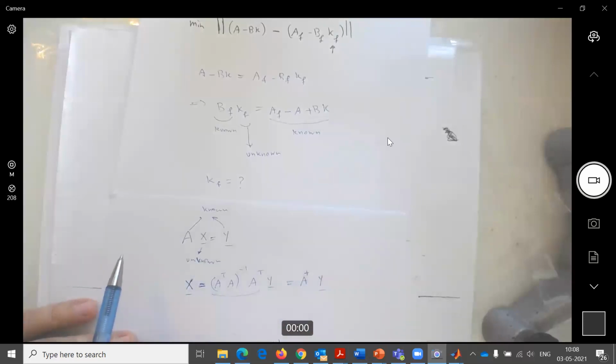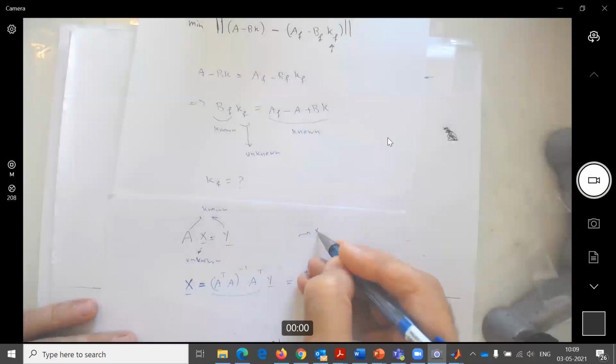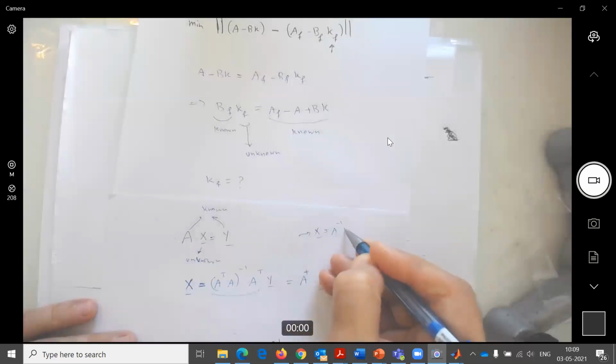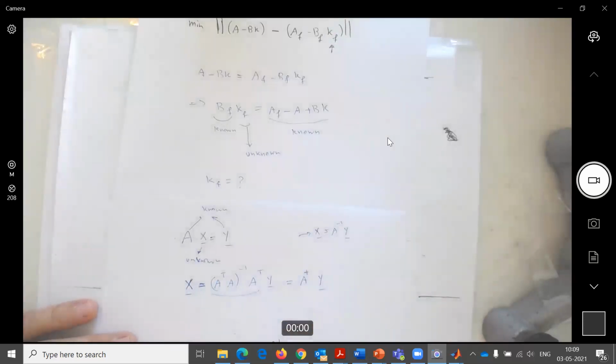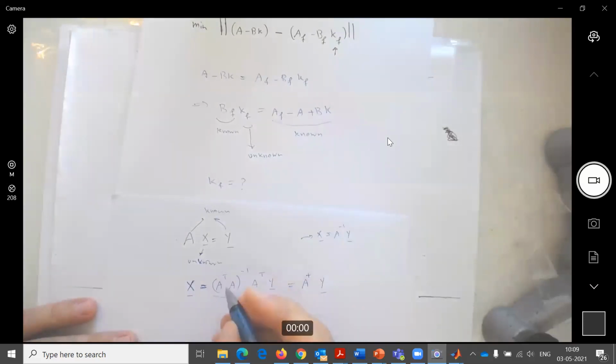The ideal case is that if A is invertible, then we multiply A inverse from the left, and X is equal to A inverse Y. But in many cases, A is not invertible because A is not even a square matrix. If so, you calculate the pseudo inverse.